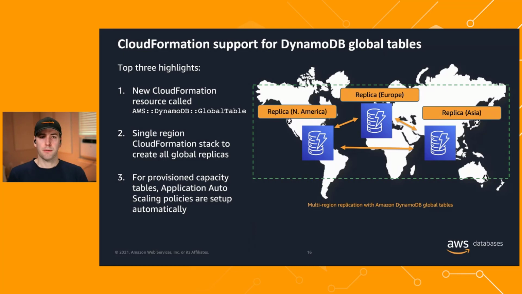I'm not seeing any missing features, for example CloudWatch contributor insights. One last thing that's really cool about this new feature is that it allows you to launch in a single region, and then it will create the global tables for you in the remote regions. So one stack to create an entire global table and to manage it. I think that's really awesome.